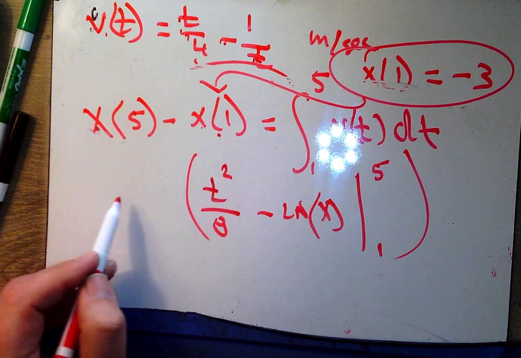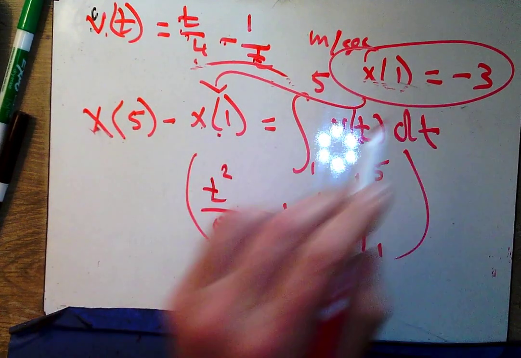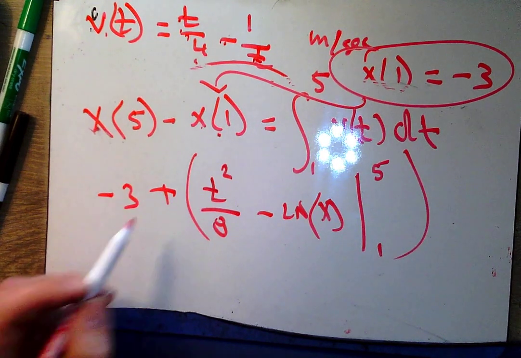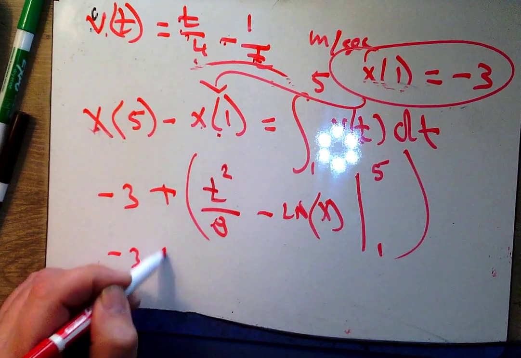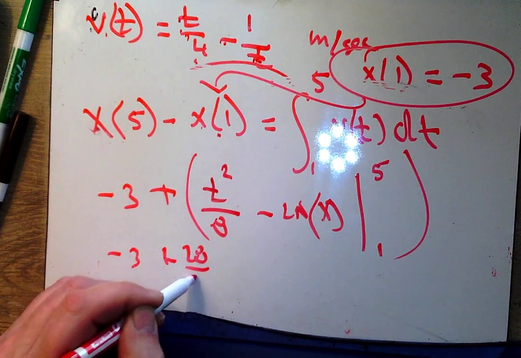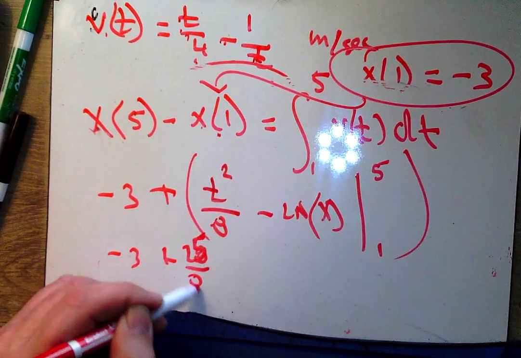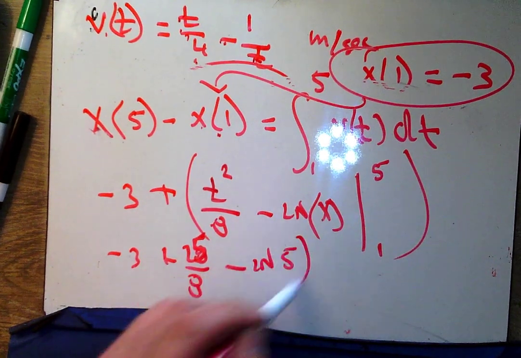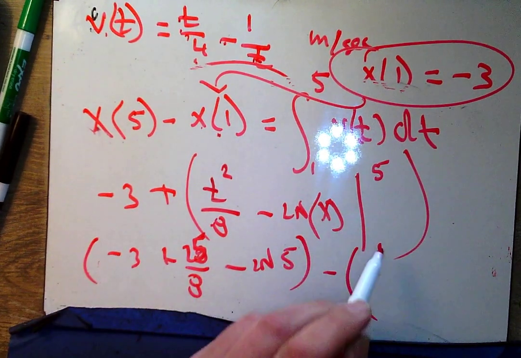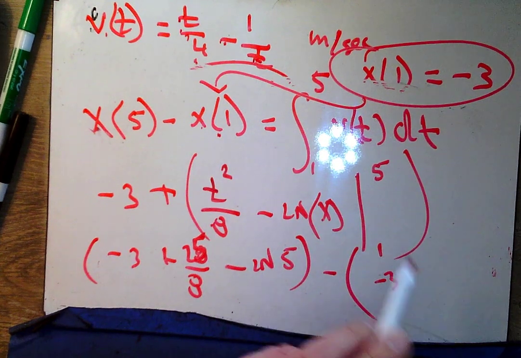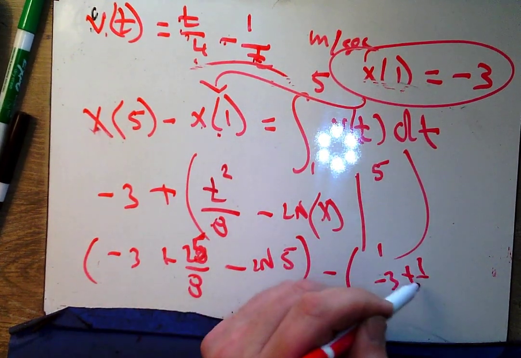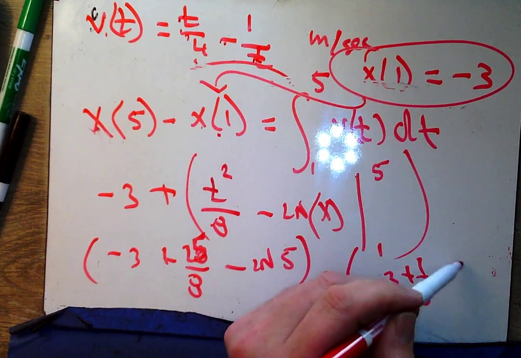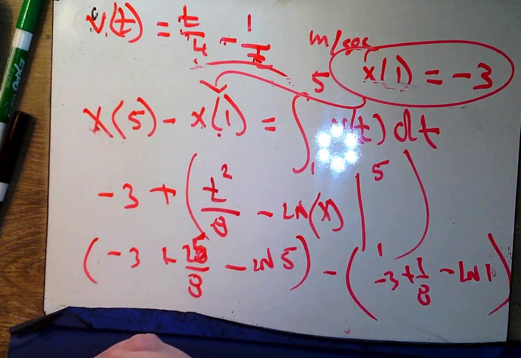Now, I want to evaluate from 1 to 5. Don't forget, I have to add x of 1 to both sides. So, plus negative 3. All right, 25 eighths minus 5 minus 3 plus 1 eighth and minus the ln of 1. And the ln of 1 is 0.